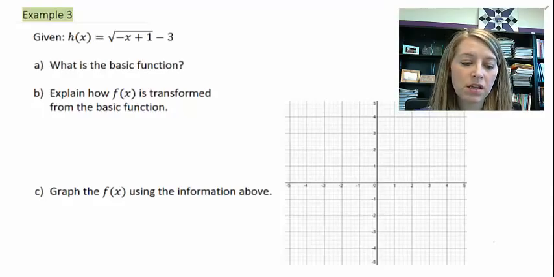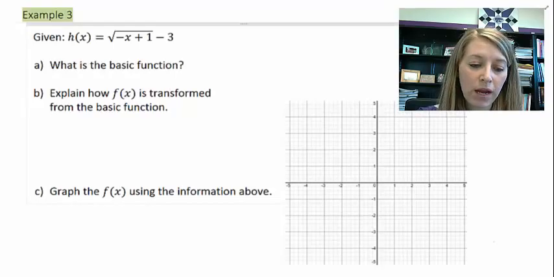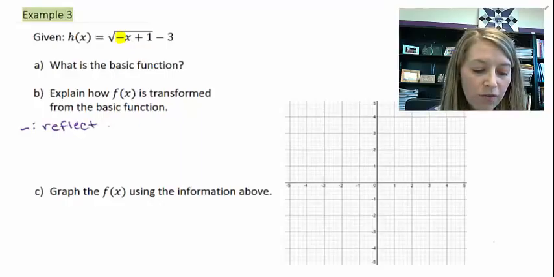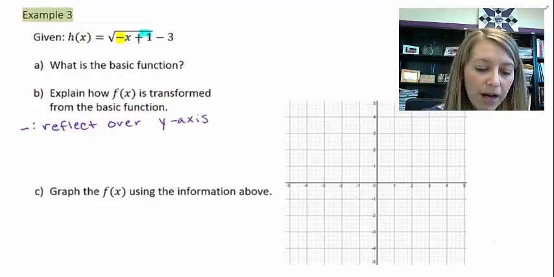So if I take this function exactly the way it is, I'm going to assume that this negative on the inside is going to make it reflect horizontally, or reflect over the y-axis. This positive 1 on the inside is going to make it shift horizontally.